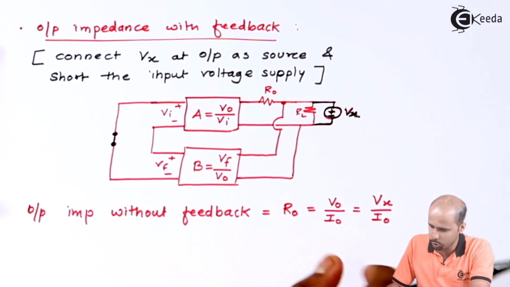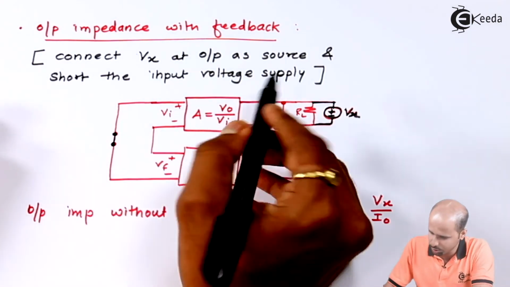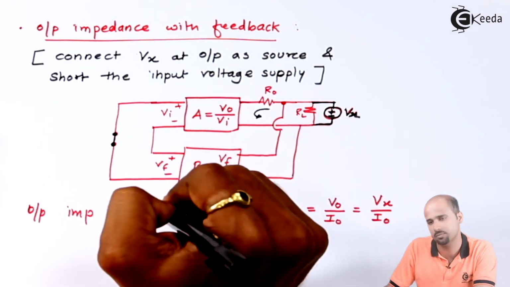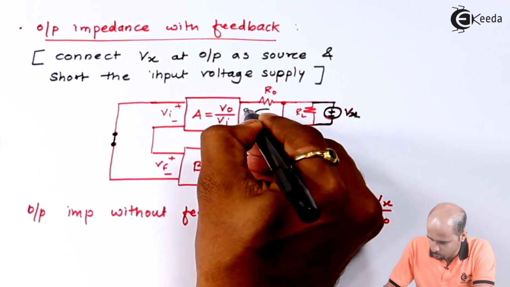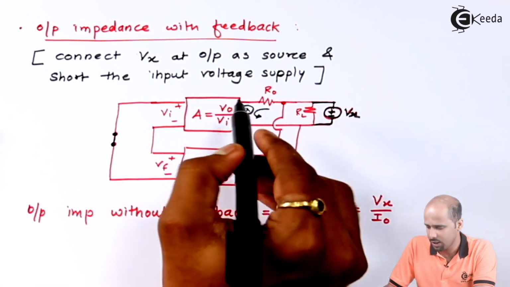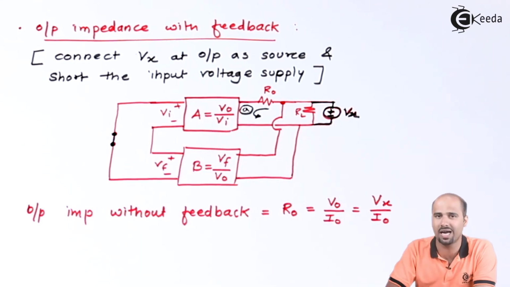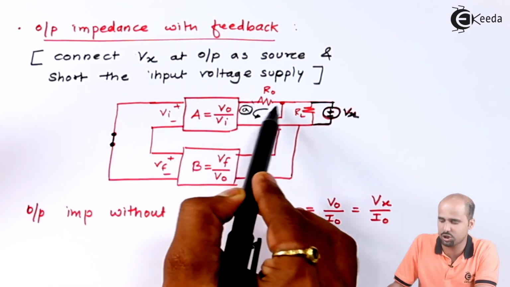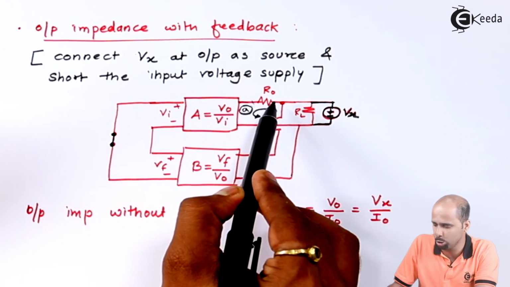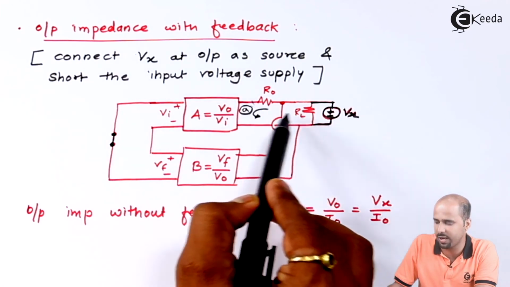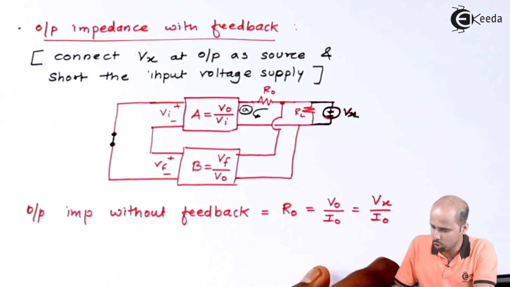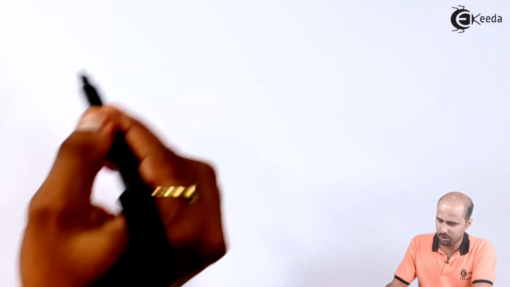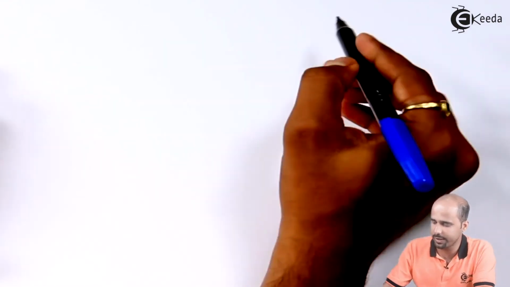Now what we will do, we will say this is nothing but your input KVL. We'll name this as loop A. So in this loop A, inside this particular box, I have the voltage source as AV into VI. AV into VI is one source. This voltage drop is nothing but IO into RO, and this is nothing but the value Vx. I will redraw this particular circuit such that it gives a clear idea.